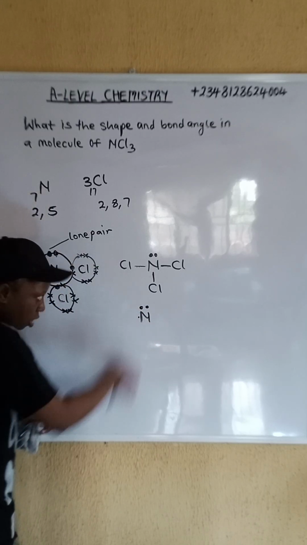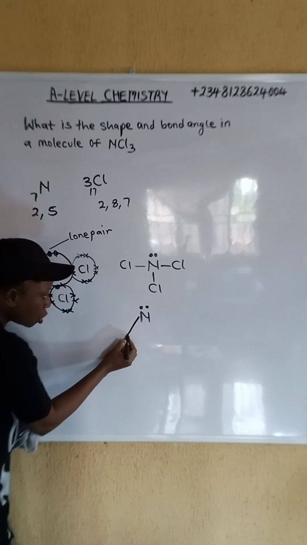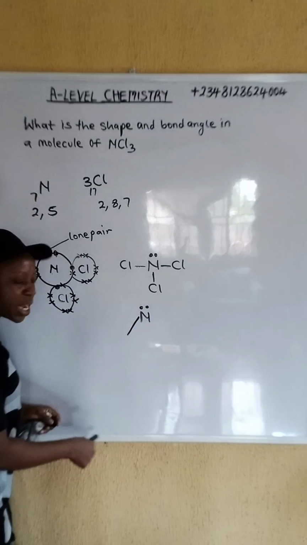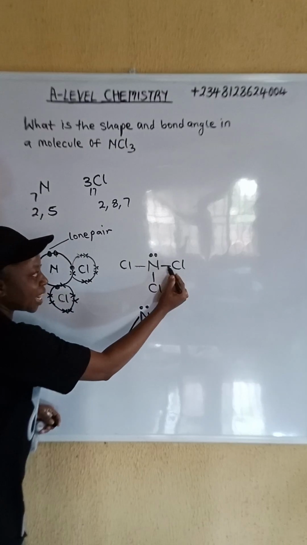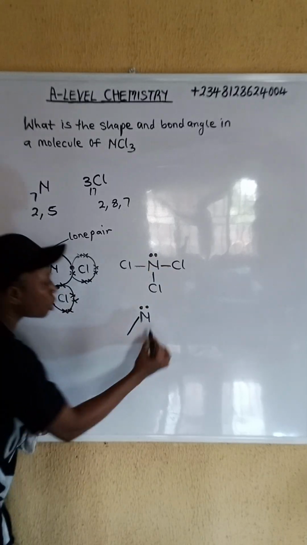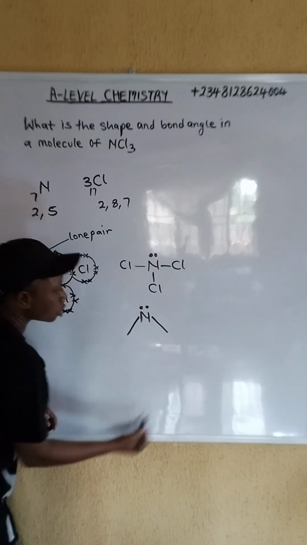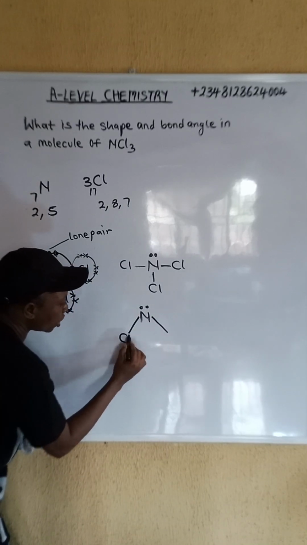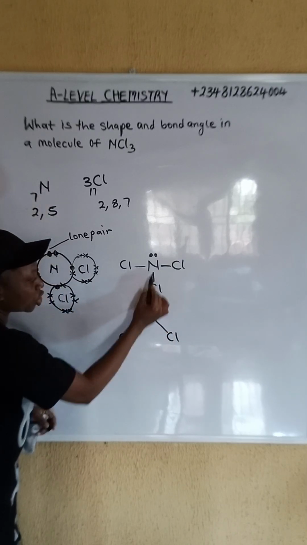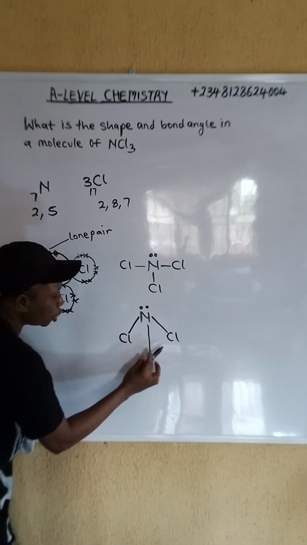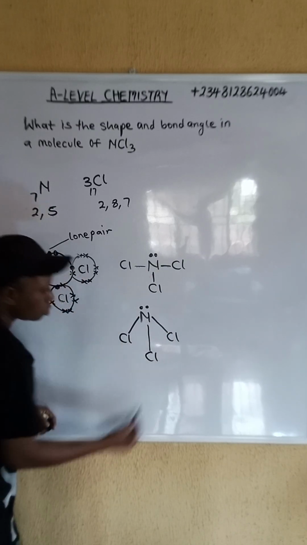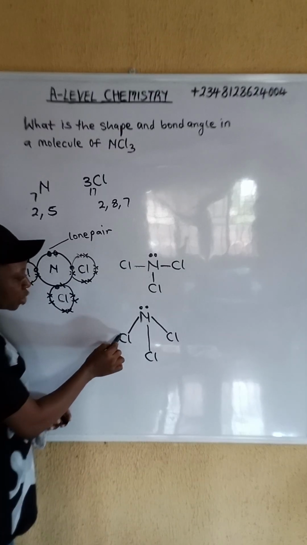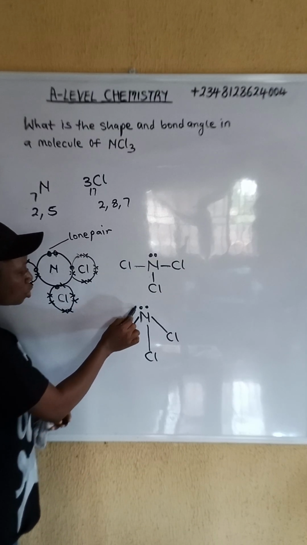So this bond will be pulled downward. Then the second bond at this side, very close to this lone pair, will be pulled downward. So you are going to have your chlorine here, then the second chlorine, and the third chlorine will be at the middle. So let's join what we have together to get the shape. What's the name of the shape?